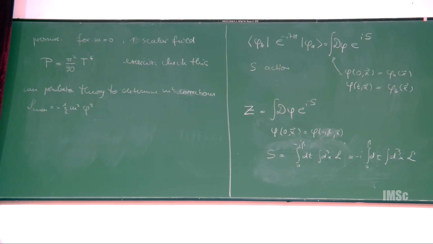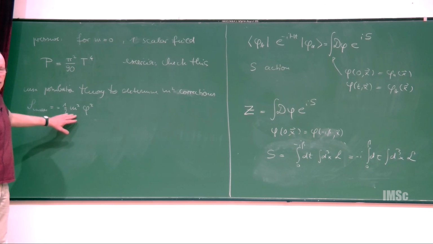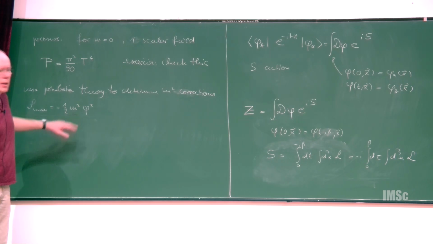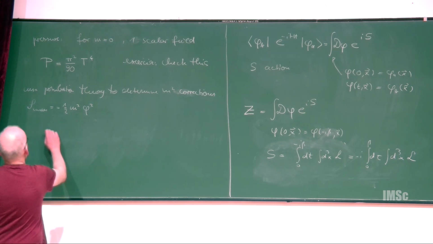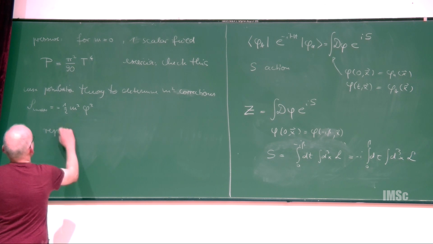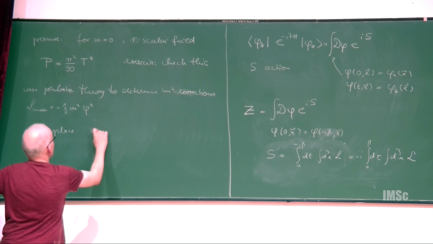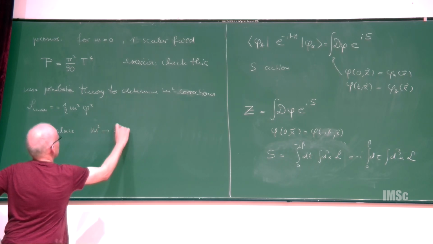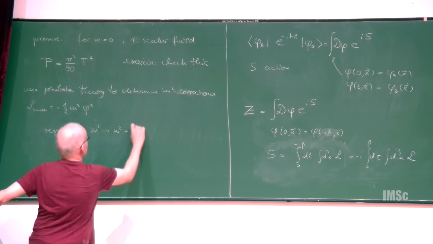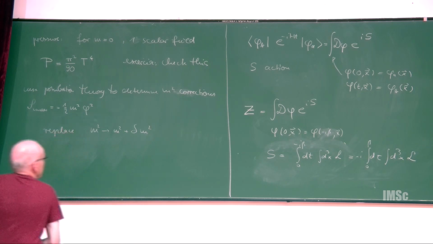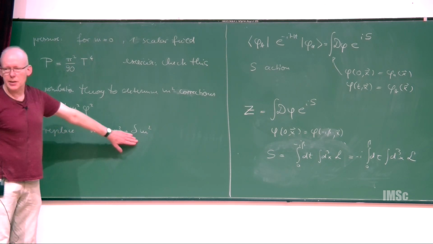Now what I do is I add a small correction to my mass squared, so we replace m squared by m squared plus delta m squared, and then treat this as a small perturbation.